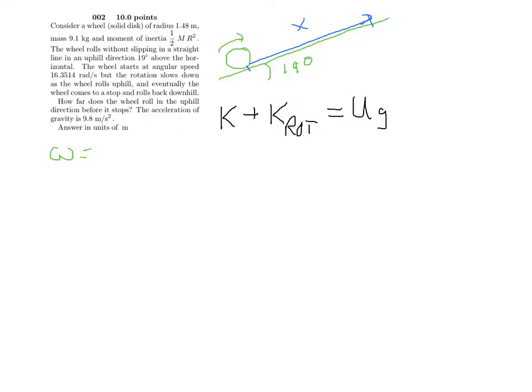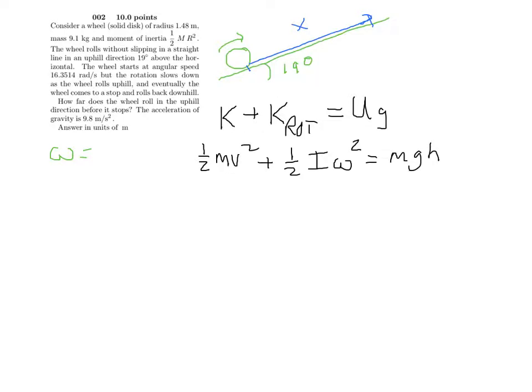So my kinetic energy is 1/2 mv squared. My rotational kinetic energy that I'm going to add is 1/2 I omega squared. And that is going to equal my gravitational potential energy, mgh. Stop for 1 second.